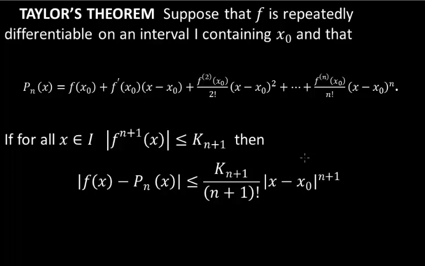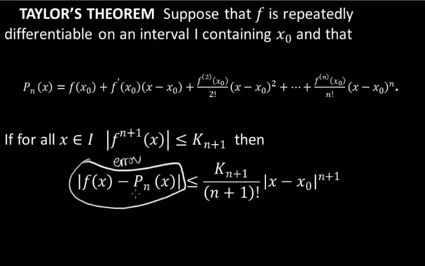And if you do, Taylor's theorem tells you that you can estimate the error by just looking at the n plus first derivative. If you can get an upper bound on its absolute value, then you know that the error committed by the nth polynomial, this is just the error, right? The absolute value of the real function at x minus the nth Taylor polynomial at x, that's the error.